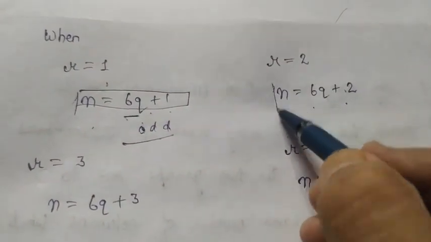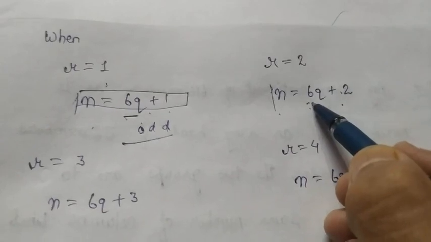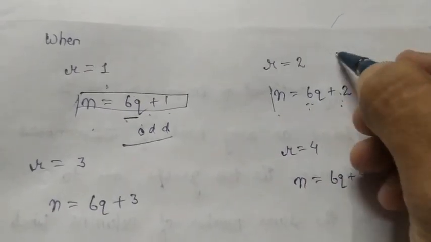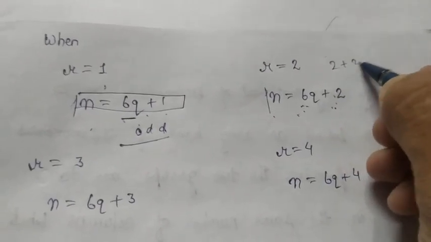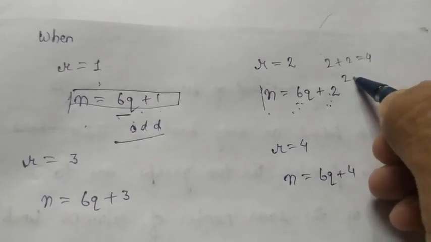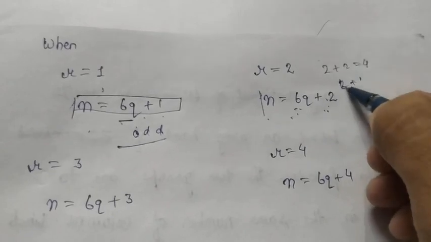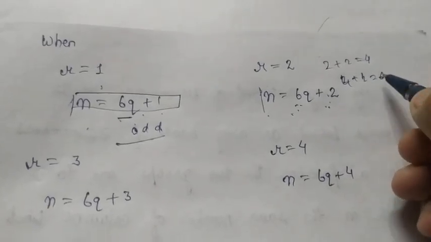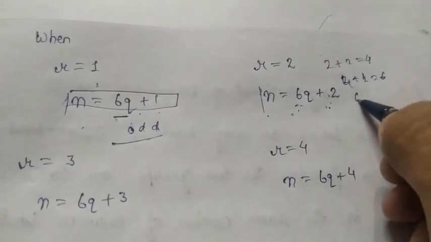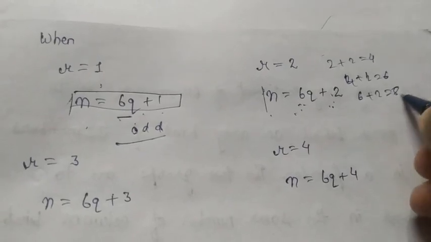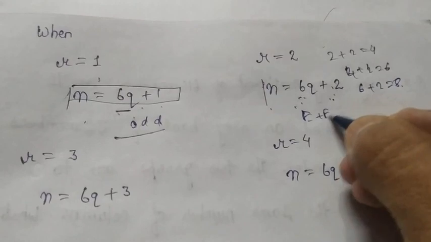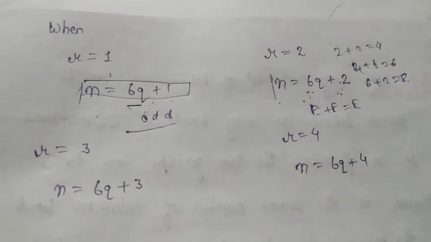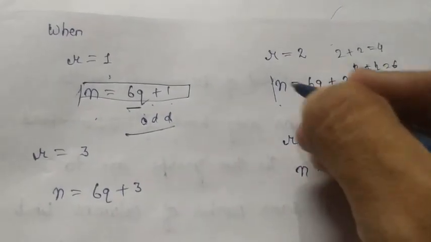So see, 6q is even and plus 2 is even, and even plus even is always even. For example, 2 plus 2 is 4, 4 plus 2 is 6, it is also even, 6 plus 2 is 8, it is also even. So an even number plus an even number will always be an even number.